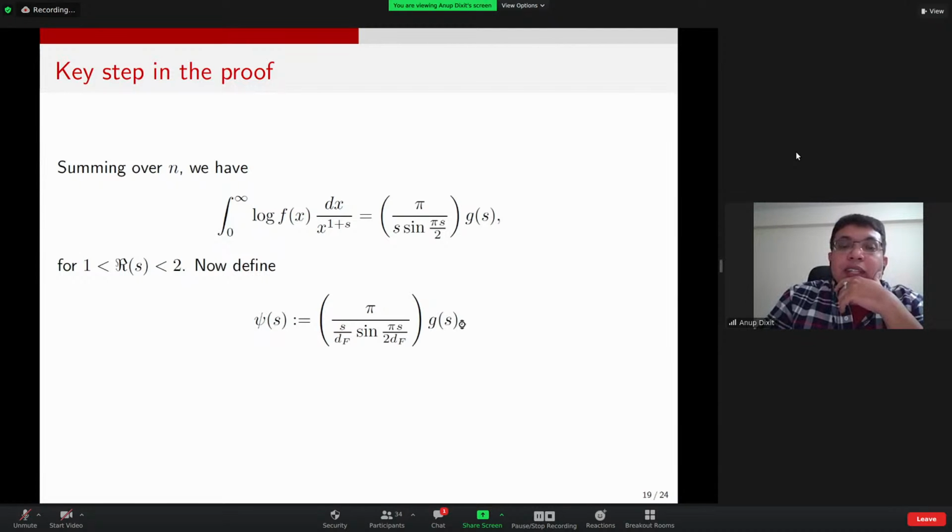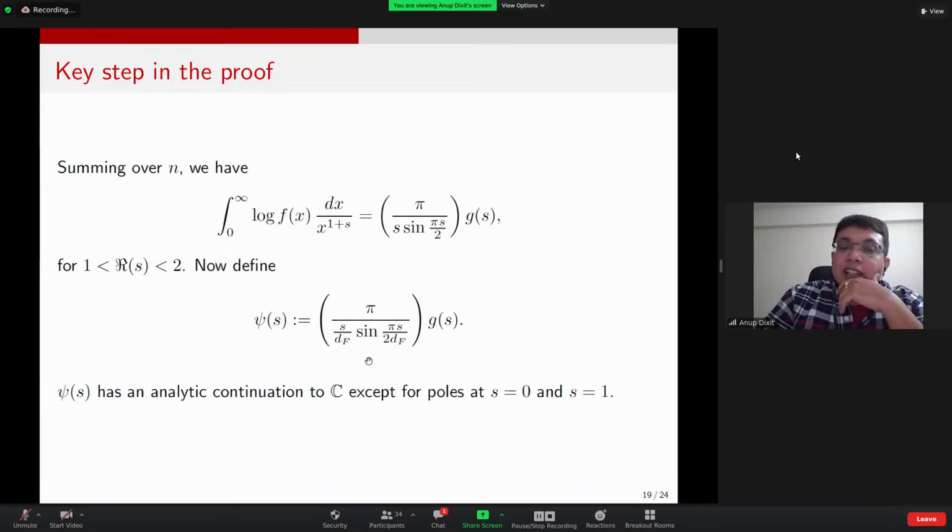So what we get is that this ψ(s) can be analytically continued to the whole complex plane, because G(s) can be analytically continued to the whole complex plane, except for the poles. At s equals 0, we get a double pole, one coming from here and one coming from here. And at s equals 1, the pole comes from G(s).